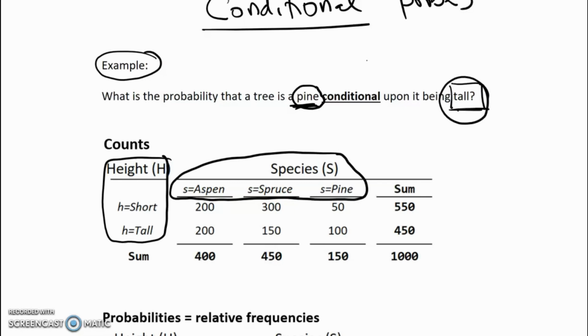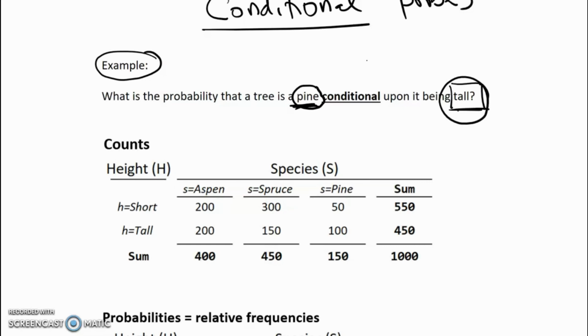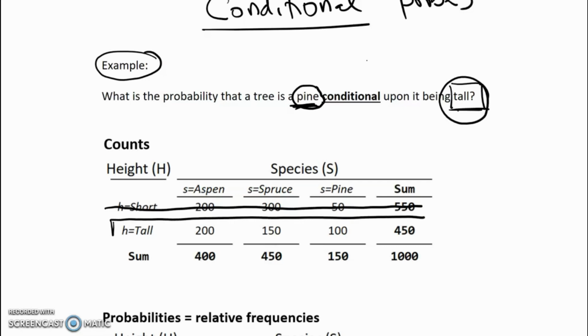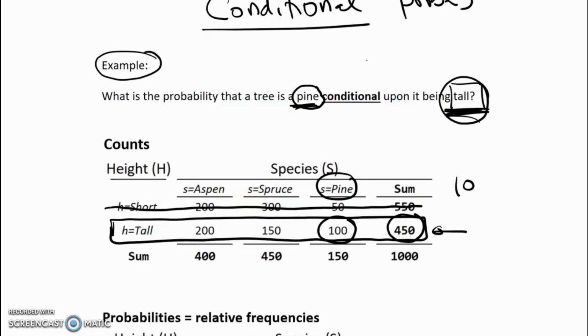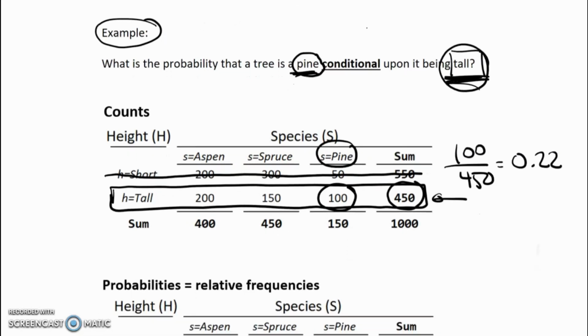We know the tree is tall, and so therefore we can ignore this row and focus only on the tall trees. There's 450 trees, 100 of which are pine, and therefore, given that the tree is tall, the probability of it being a pine is 100 divided by 450, which is equal to 0.22.